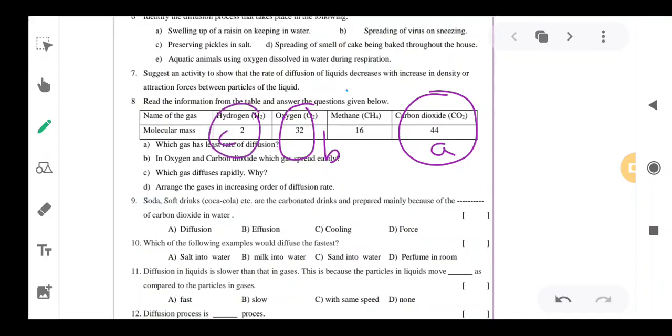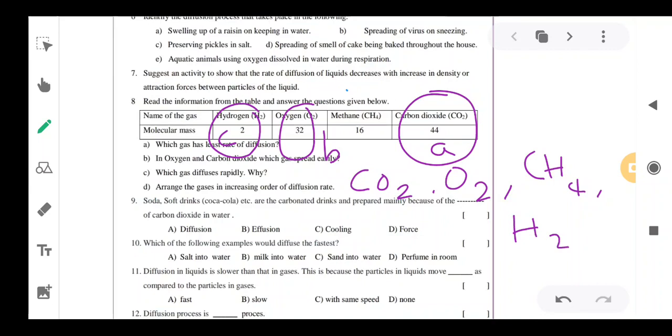D, arrange the gases in increasing order of diffusion rate. So in increasing order, first of all you have to take the lowest diffusion gas. So first you write CO2, next O2, next CH4 or methane, last H2 or hydrogen.